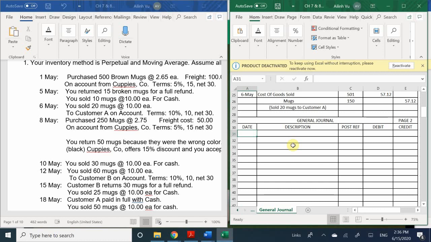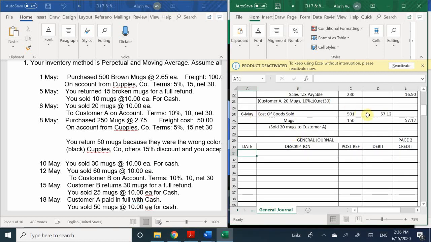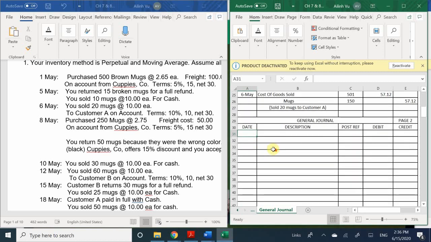You can't just calculate this number, because you don't know what the cost per item is. So it is important to do the journal and get your numbers from there, because you're not getting rounded numbers, you're getting the actual. Okay, that makes sense. Let's go ahead and do the next one.